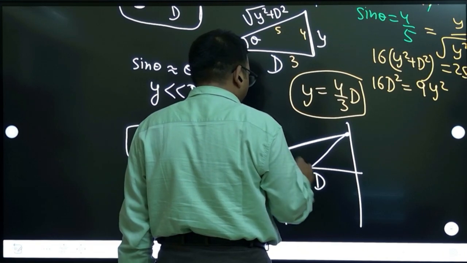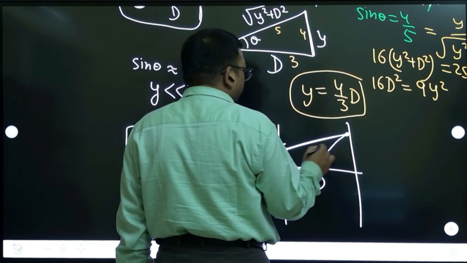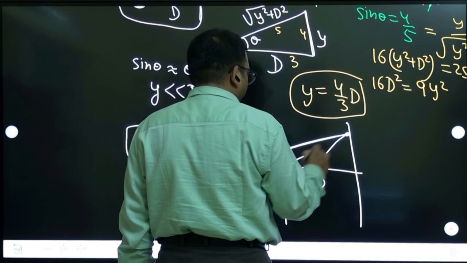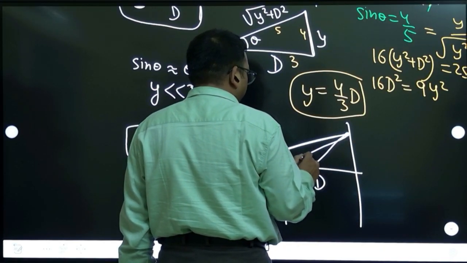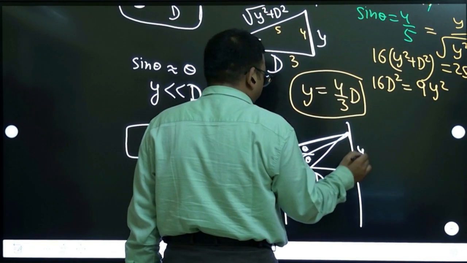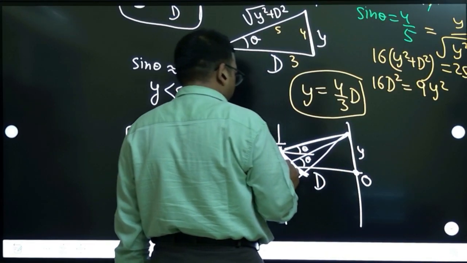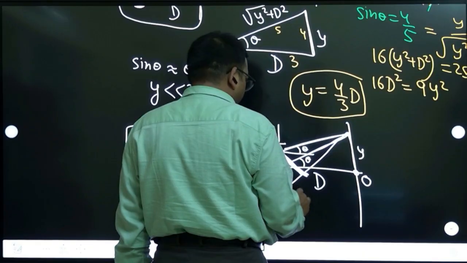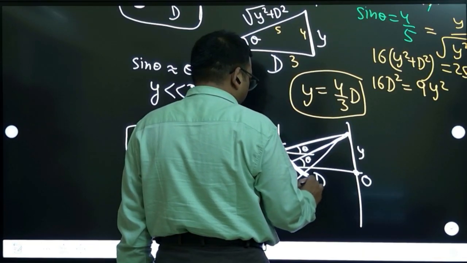When we take it as arc length, I think this approach is okay. This is theta, a very, very small angle theta. This is the y value from this. Okay. So d sin theta is the path difference.